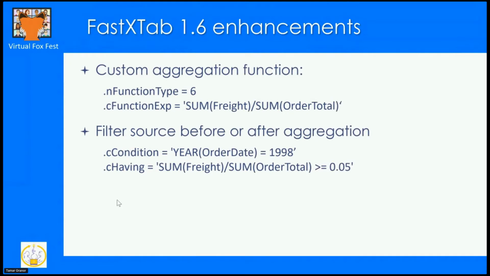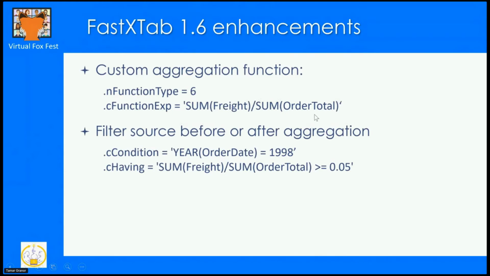We can have a custom aggregation function. Suppose what we want to do isn't just sum, average, count, min, or max. In this example, what we want to do is compare how much a customer spent on freight to how much they spent total. So what we're going to aggregate is the sum of the freight over the sum of the order total.